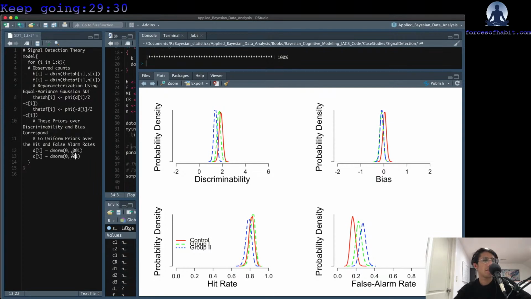That's true. It's fairly diffuse. Yeah, even this. Because the sample size is so large, it looks like we have invariant posterior distributions with respect to a range of possible prior distributions here. And so we're getting similar results here.